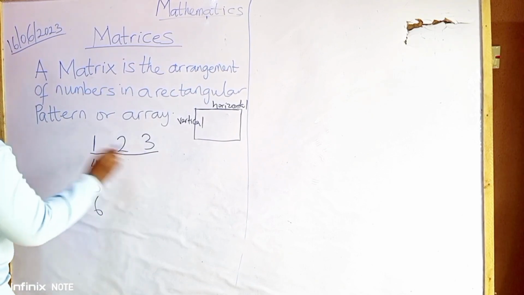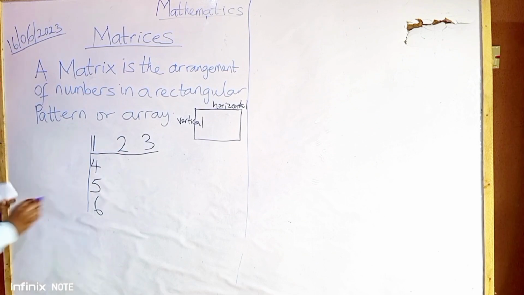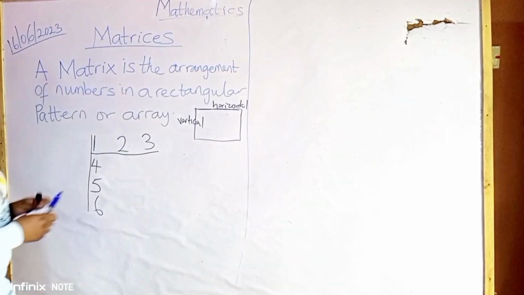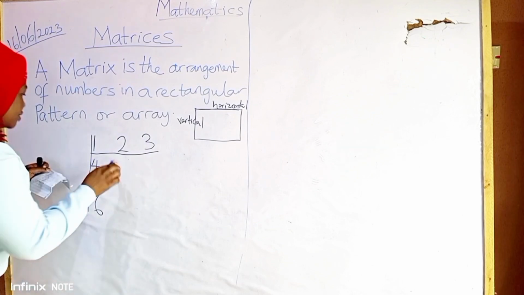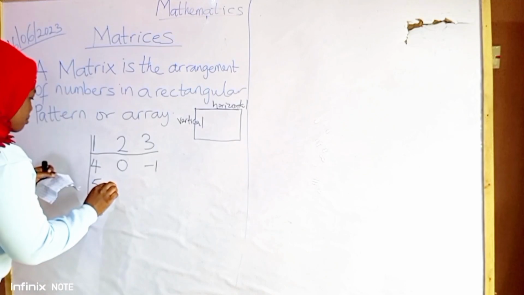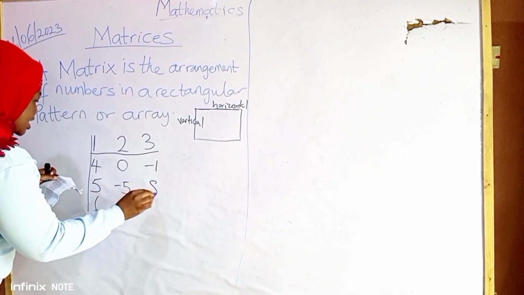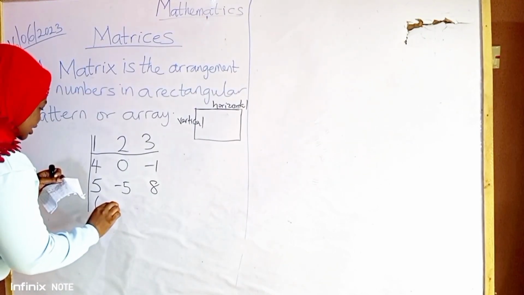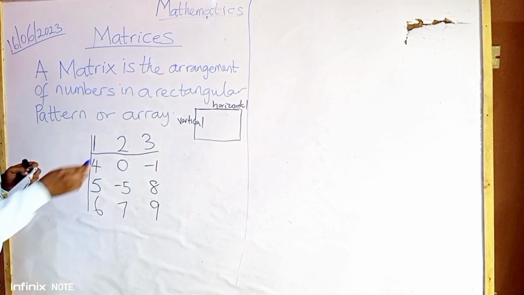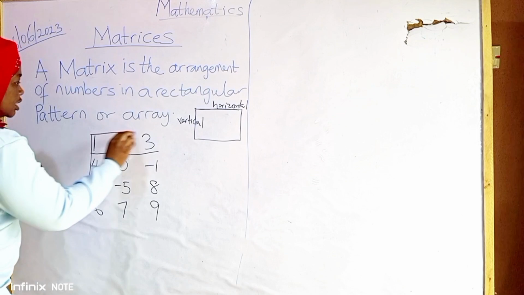So this is horizontal, this is vertical. It doesn't look like the rectangle that I want. So I still have, let's say, 0, minus 1, minus 5, 8, 7, 9. So you can see that it has looked like a rectangle now.